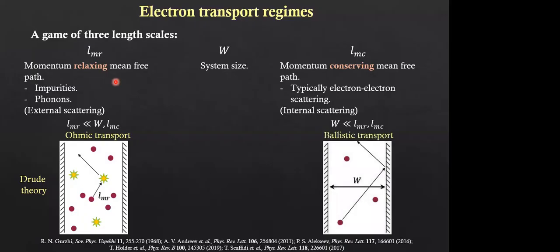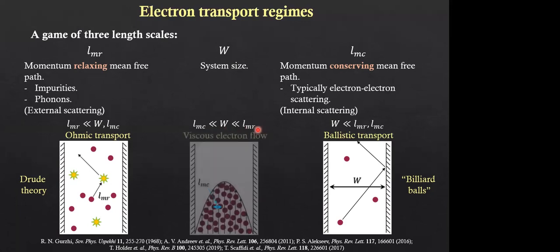That means the electrons scatter off the edges of the device, and one can explain this in terms of some billiard ball picture. Now, this is very common in very clean systems, for example graphene, the right-hand side, whereas the left-hand side is true for almost any metal. And in the middle, we have something where the momentum conserving mean free path is very small compared to the system size, which is again very small compared to the external scattering length scale.